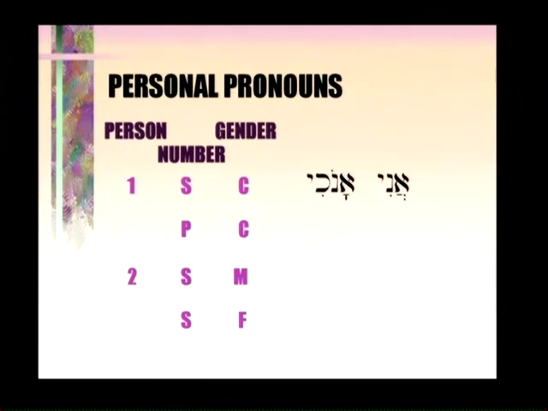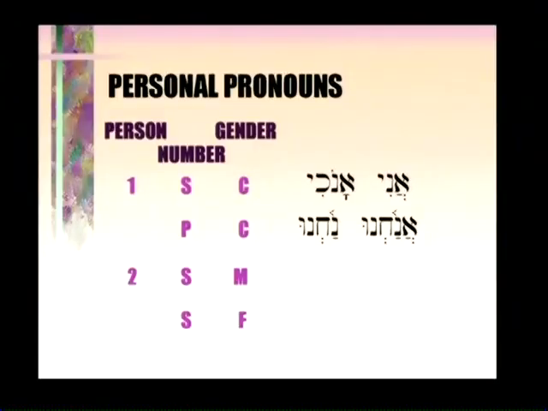First person, common singular. How do you refer to yourself? I. Okay, it's I. So ani, anoki, I. In the Ten Commandments, one of the Ten Commandments, short form, is anokiya. That means I am Yahweh. I am Yahweh. All right?